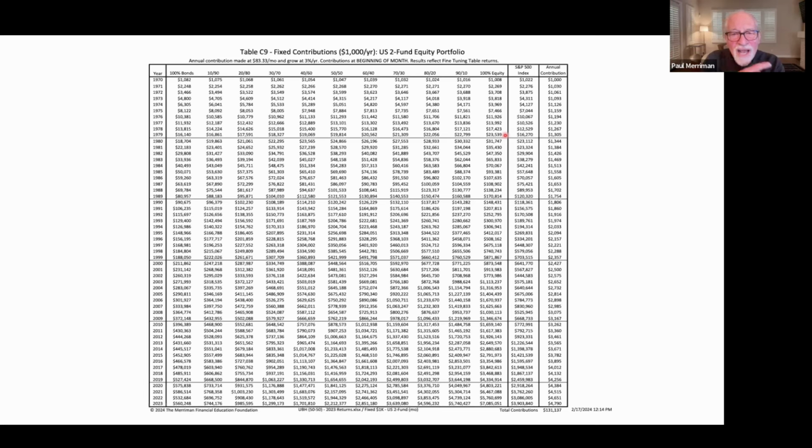So as you start out the second decade, instead of having 16,245, you have 23,539. And that extra money is going to compound for many decades to come. And the more that the combination of the small cap value and the S&P 500, the better they do, the more money there is there to compound. And money is compounding on compounding on compounding.